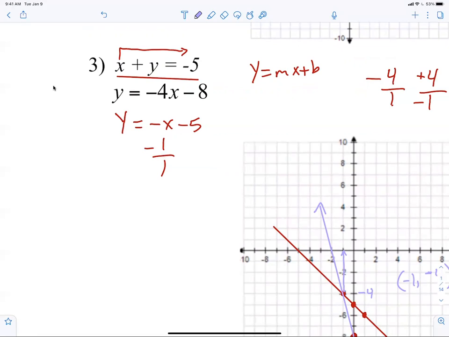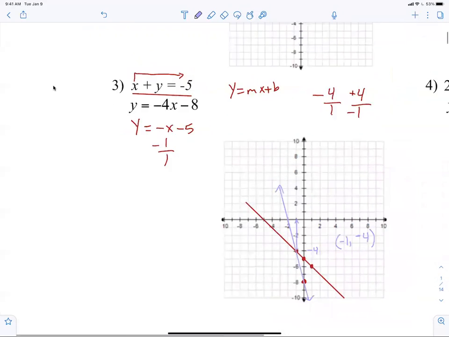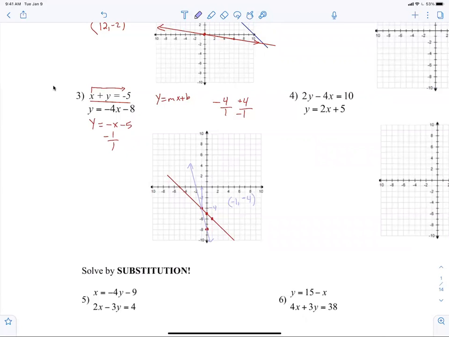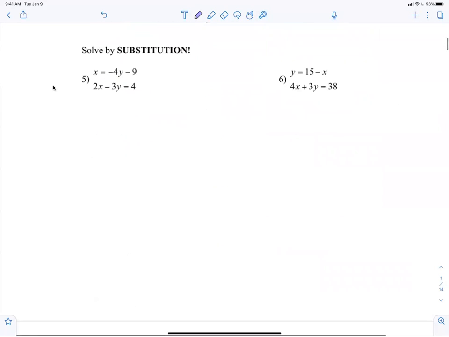That's embarrassing, I know. I can't help you if you don't know the difference between a minus and a negative. Right, Maya? Nothing I can do for you. I hope you don't forget on the test. Okay, here we go.